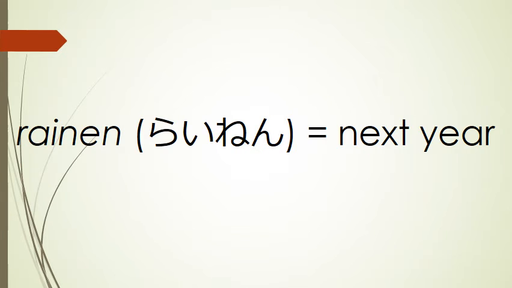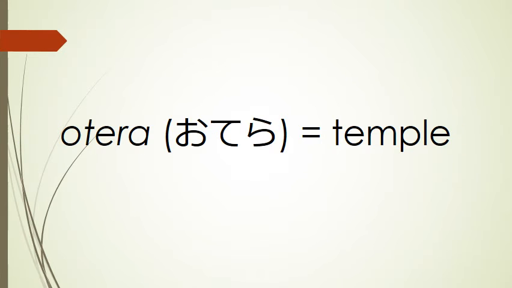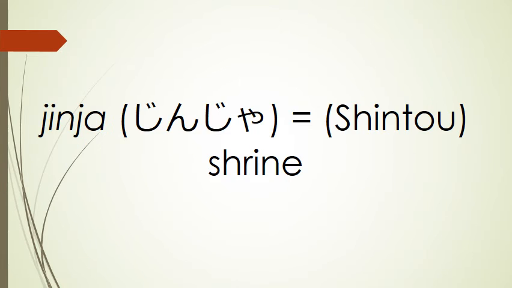Rainen means next year. Otera means temple. And jinja means shrine, specifically a Shinto shrine.